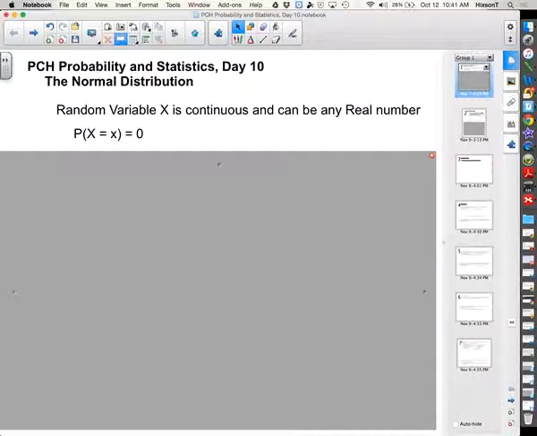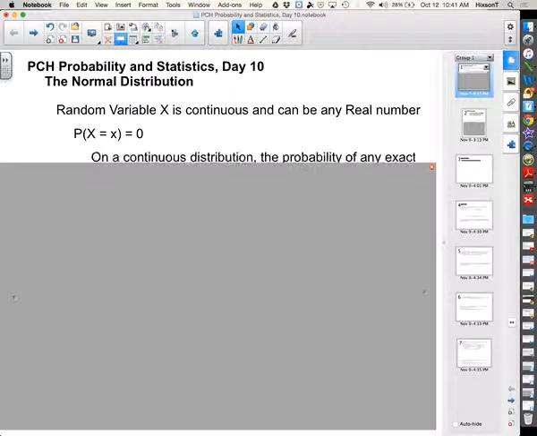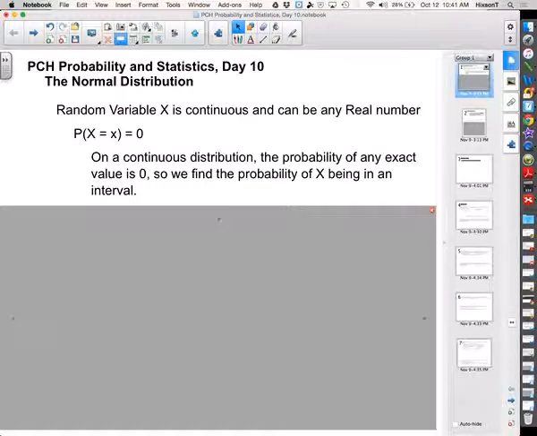That means it can be any real number, and there are no distinct values that are separated.